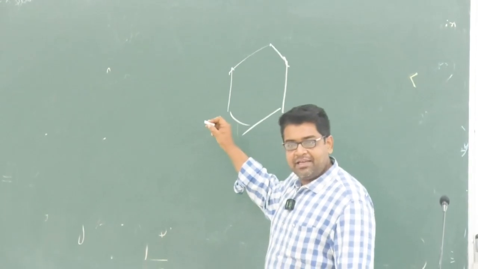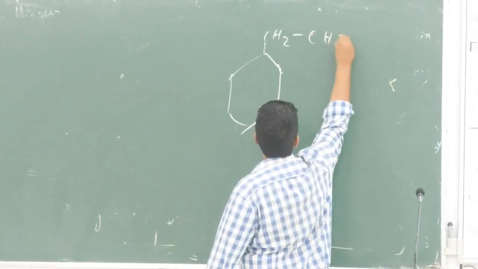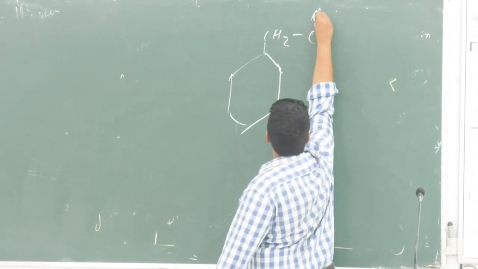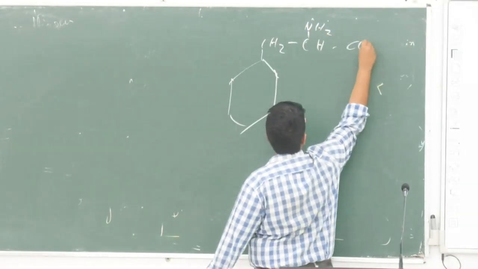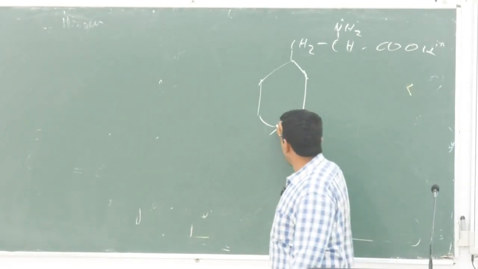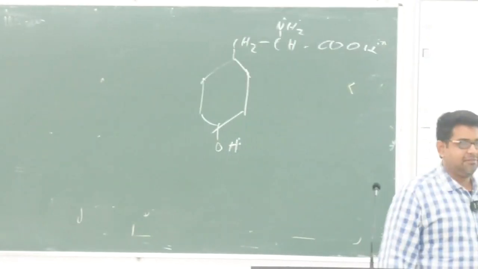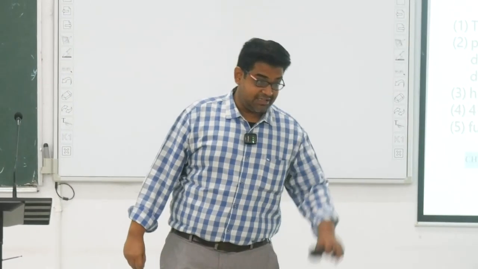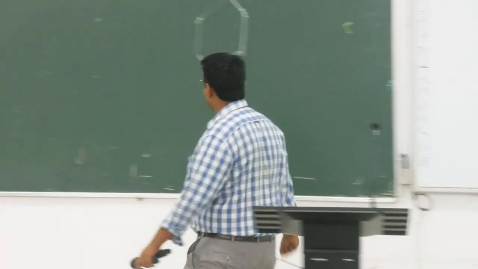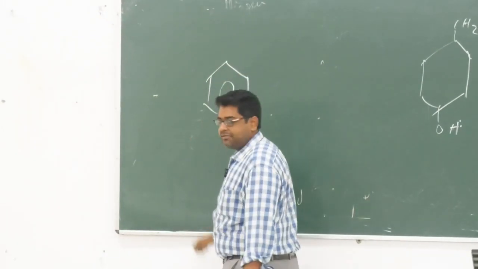Okay, benzene ring, happy? CH2, NH2, COOH. Easy. Put a hydroxyl over here. This becomes tyrosine. Now come to phenylalanine. This is a heterocyclic compound, right? Put again benzene.